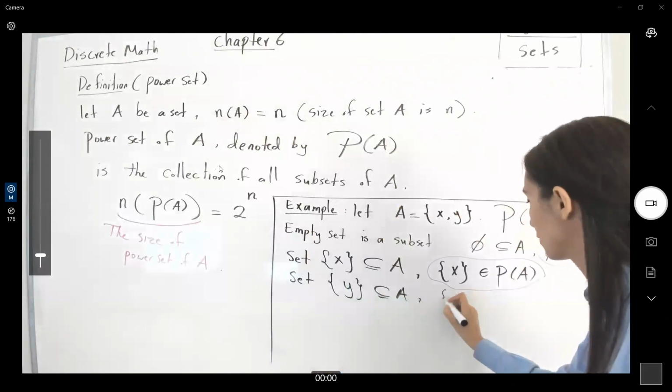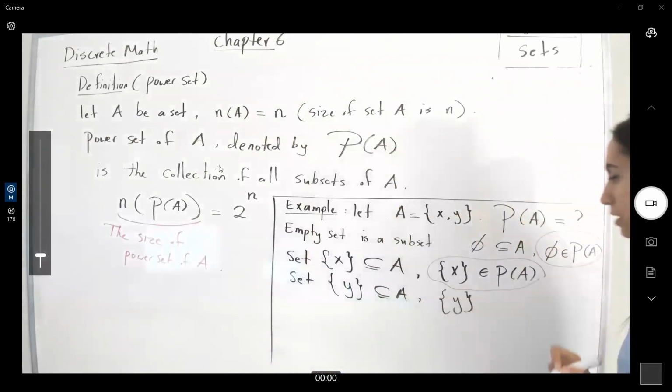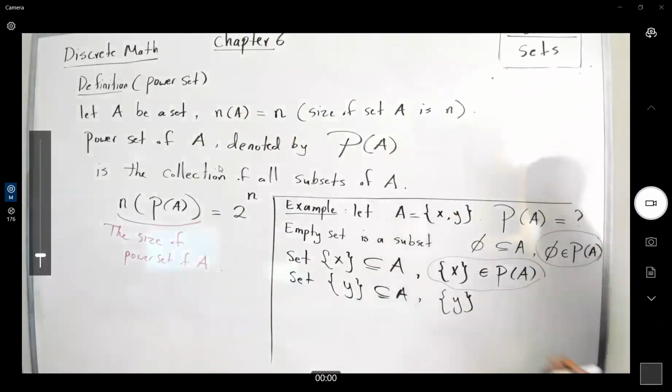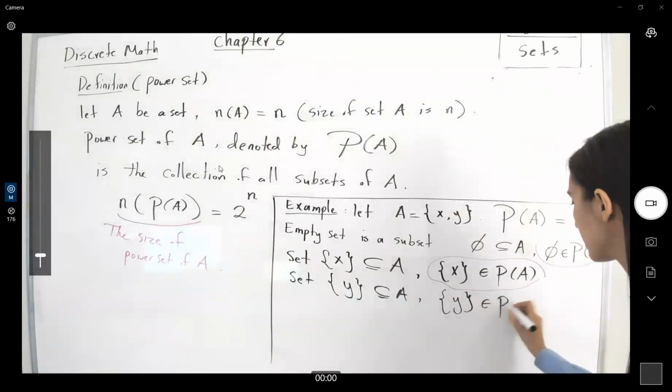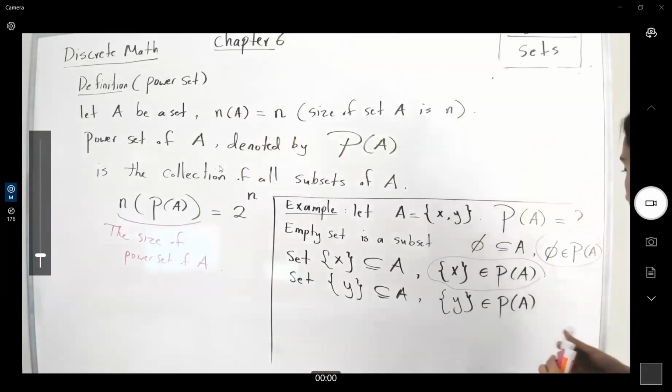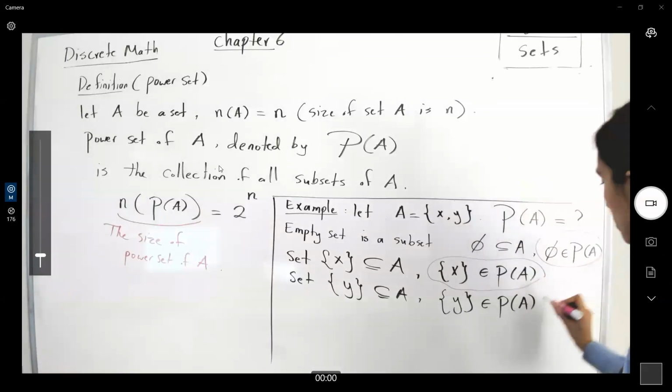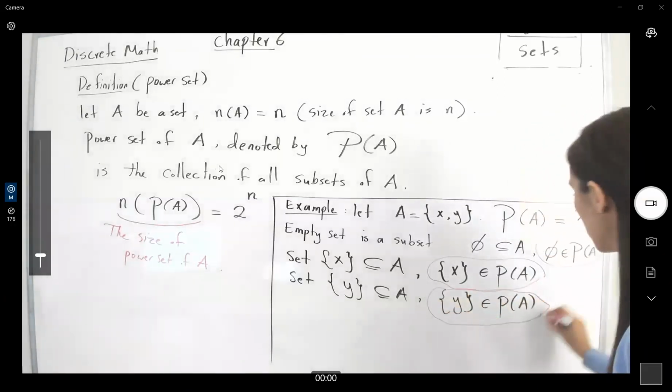So the set including Y belongs to power set of A. This is the third element in power set of A.